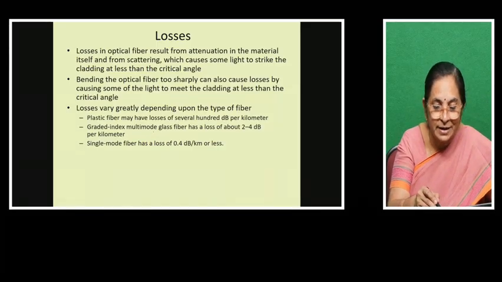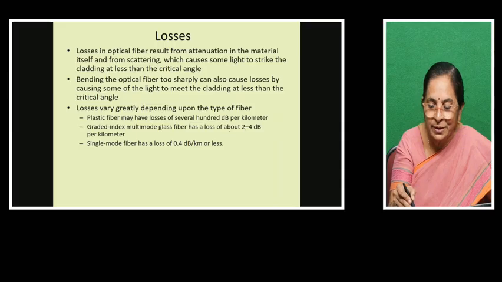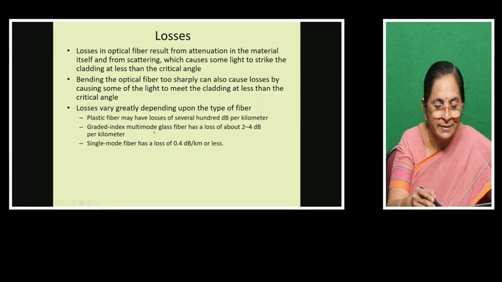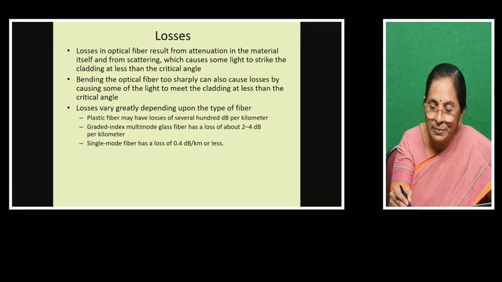If you use a graded index multimode glass fiber, the loss will be around 2 to 4 decibels per kilometer. So this is the comparison, right? Both may be plastic, but if the refractive index of the core is graded, then the loss will be 2 to 4 decibels only.